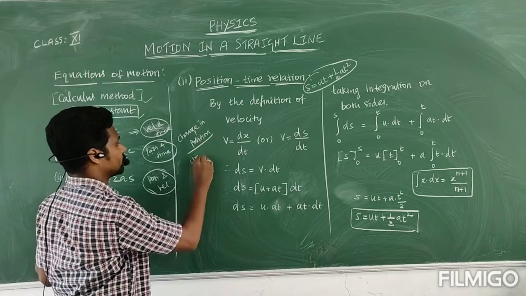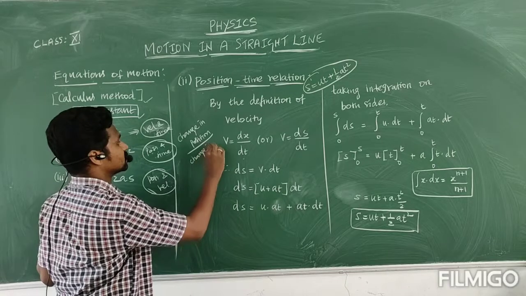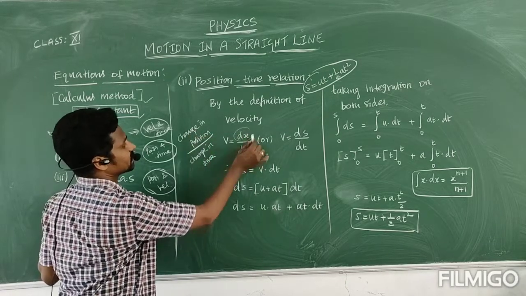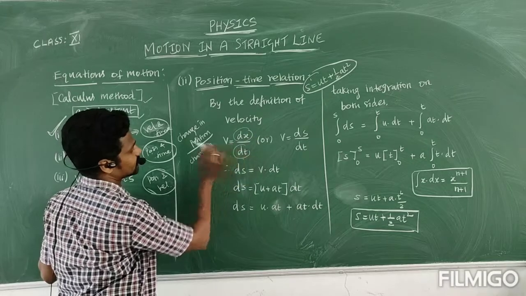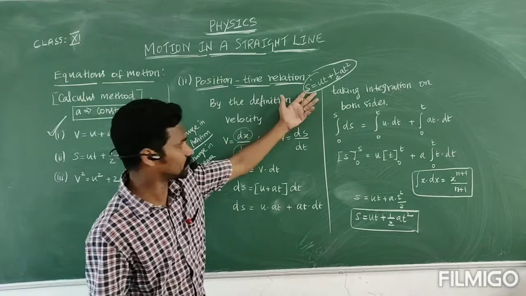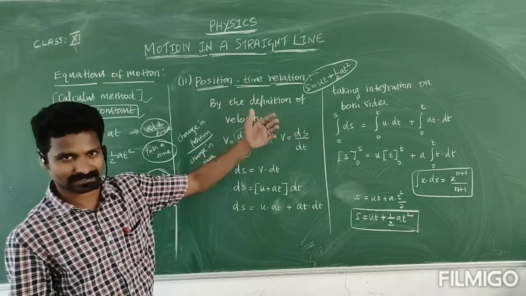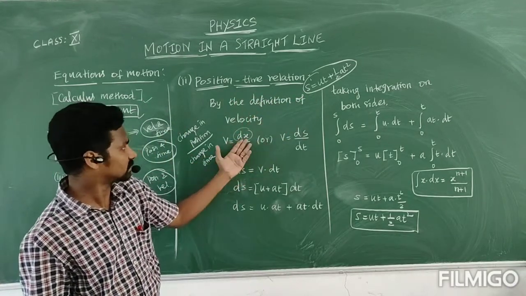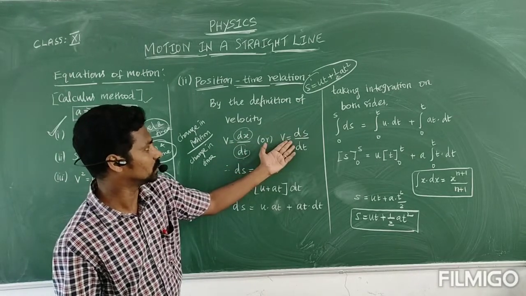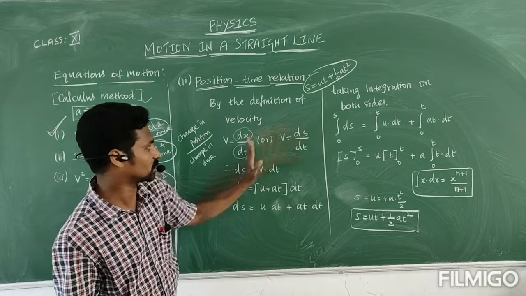Change in position means dx, change in time means dt. So that is velocity. In this question we use the letter s for position, so instead of x I will write s. So I can write v is equal to ds divided by dt. Both are the same.